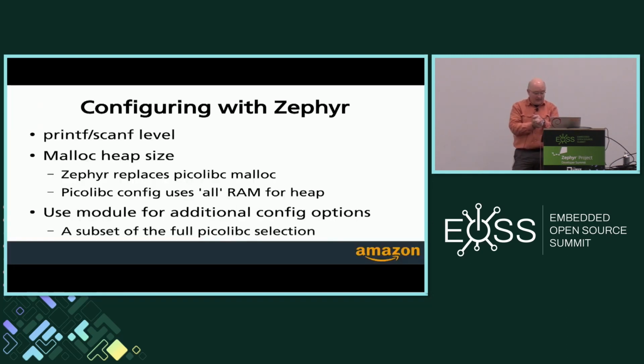To configure stuff with Zephyr, you can configure the printf and scanf level. Those are automatically configured by your CBPRINTF stuff, or you can go in and customize them in the Picolibc bits. You can also set the malloc heap size. I may have made a mistake here in the default configuration. Picolibc uses the same malloc that the minimal C library does now.